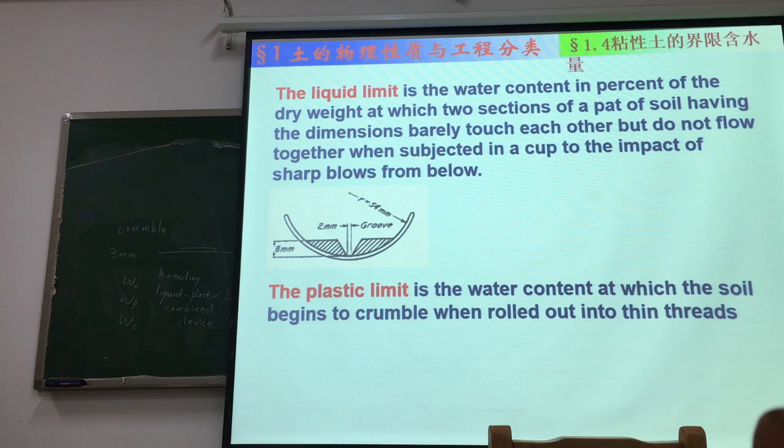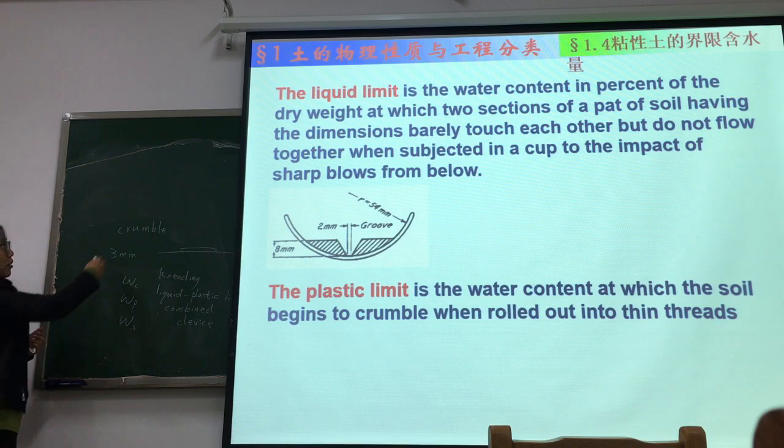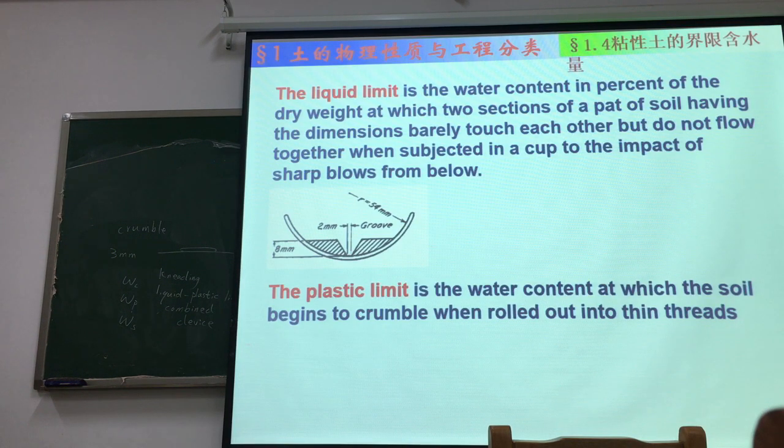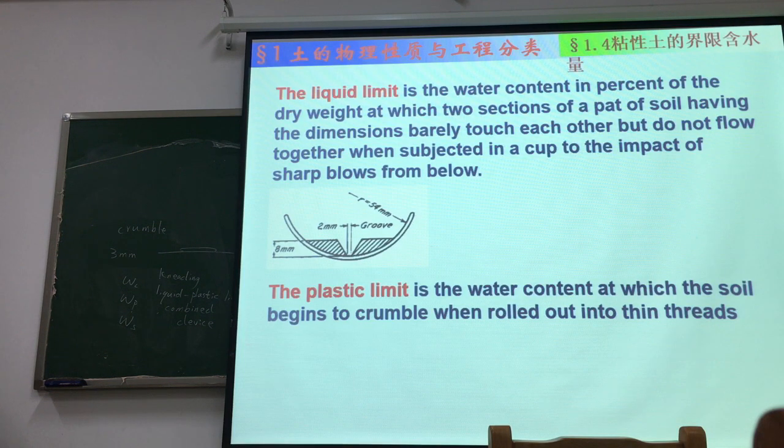Yes, crumble. Maybe a crack. But when you conduct this test and the diameter reaches 3 millimeters, if no crack appears, not crumble, maybe the water content is high, then it is above the plastic limit. So you should decrease the water content, or you should add some dry soil and mix again, and then conduct this test. Okay.